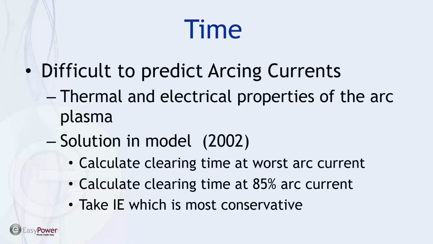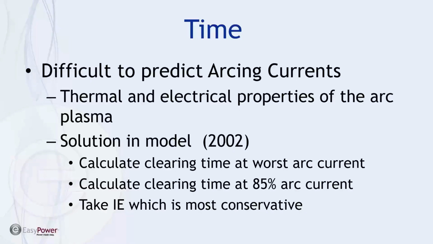Now at the time, in 2002, it was left up to the person doing the analysis to determine what that difference was, whether it was 85% or 90% or 72%, whatever the difference between the worst case and the reduced arcing current was left up to the engineer doing the study.